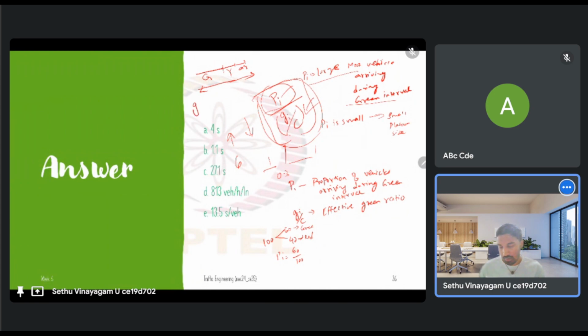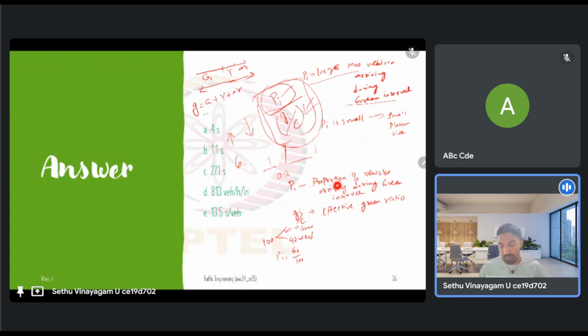So ideally, we want the effective green to be equal to this. You want the vehicles to utilize all this and then go. But physically this is not possible, right? Vehicles cannot exactly stop moving at the end of the all red, so they will stop before. Similarly, vehicles cannot start moving at the actual speed right at the start of the green, because they need time to accelerate and get ready.